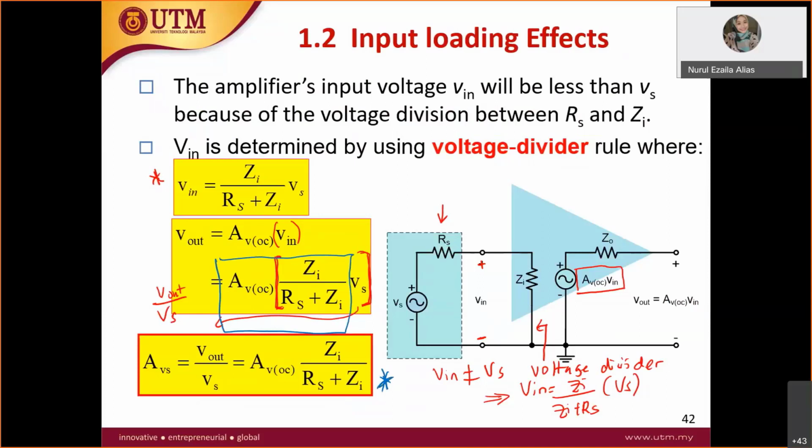This part, V out over Vs, we now call voltage gain referring to the source, AVS. So AVS equals V out over Vs, equals AVOC times Z in over Rs plus Z in. That's how they derive all the boxed equations here. I hope that all of you are clear on this part, because later we will be using this concept in the next part.